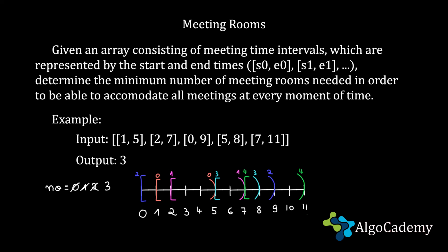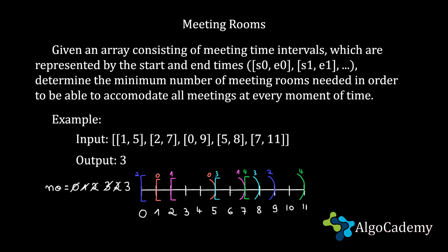So, the end event tells me a meeting just finished, so the number of meetings now is 2, but the next event at the same time moment tells me that another meeting started. So I'm going back to 3. And this is indeed right. At moment of time 5, 3 meetings are taking place.